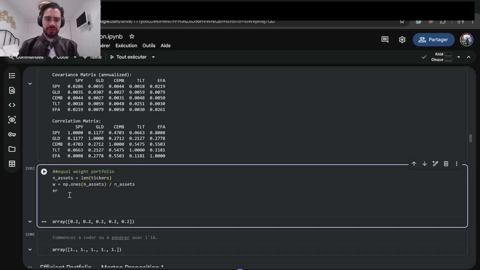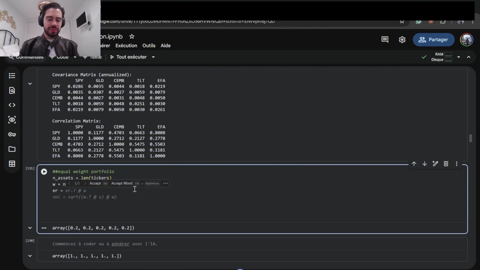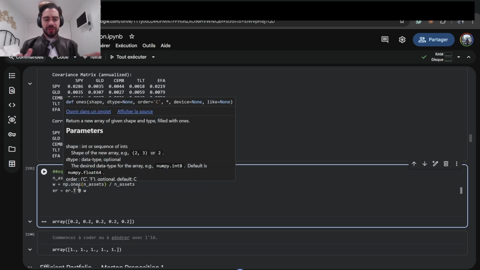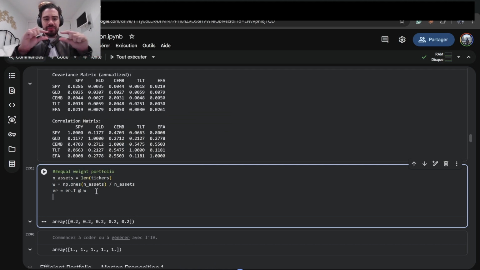Now let's get the expected returns by using matrix multiplication. This is the transpose, and this is the multiplication. What is this saying? I have the expected return as an array. I'm going to transpose it and multiply it by the weights.